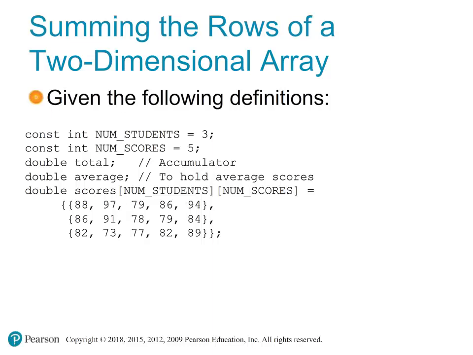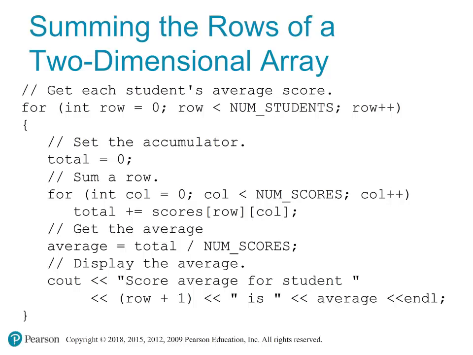We use total to accumulate the sum of scores for each student and average to hold the average score. The outer loop iterates through each student, which is a row, in our 2D array. We reset the accumulated total to 0 for each new student.